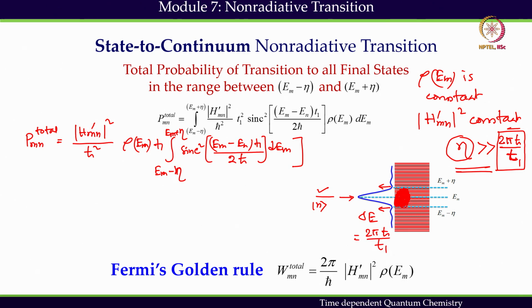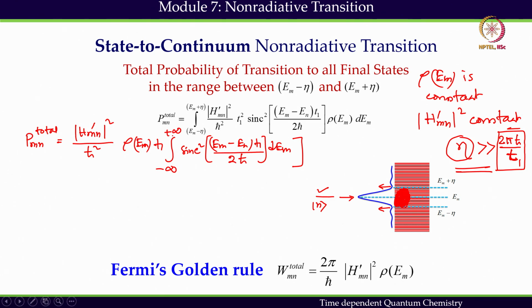So, what we are saying is that the number of states, as depicted here, is much larger than the required bandwidth for this transition, and if this is so, then one can assume that this integration can be considered to be from minus infinity to plus infinity within this limit.